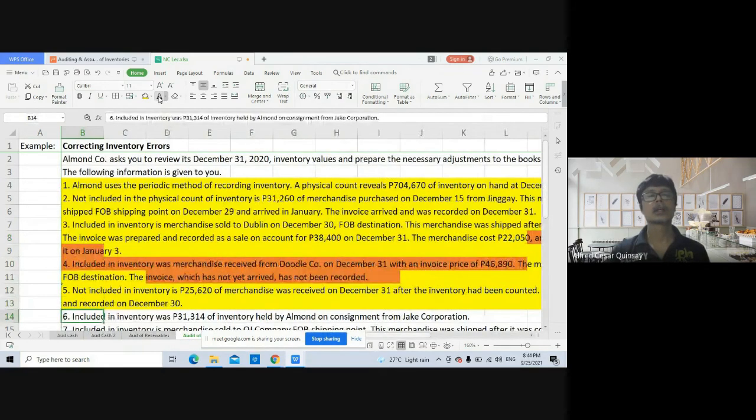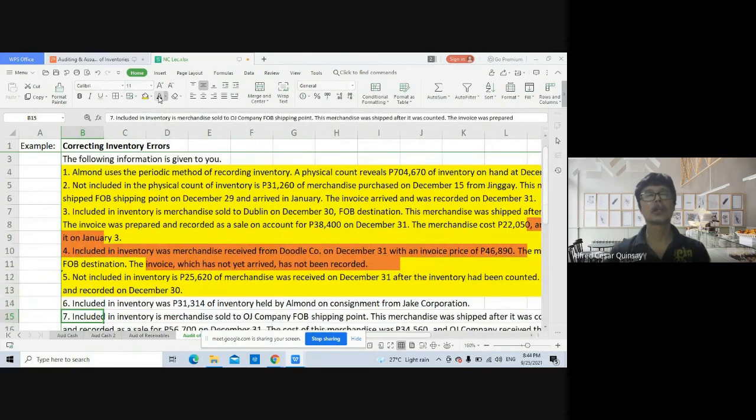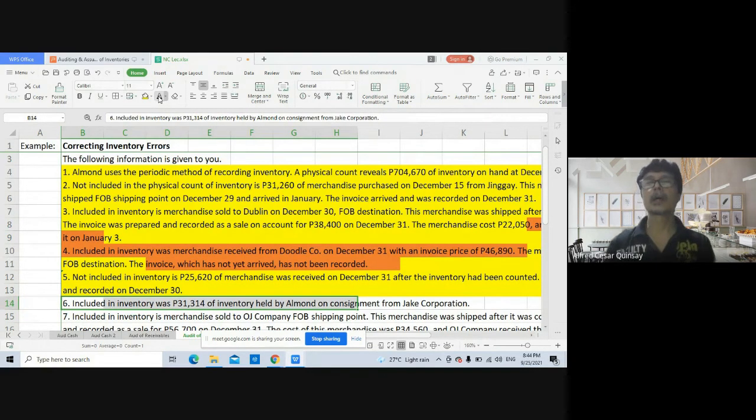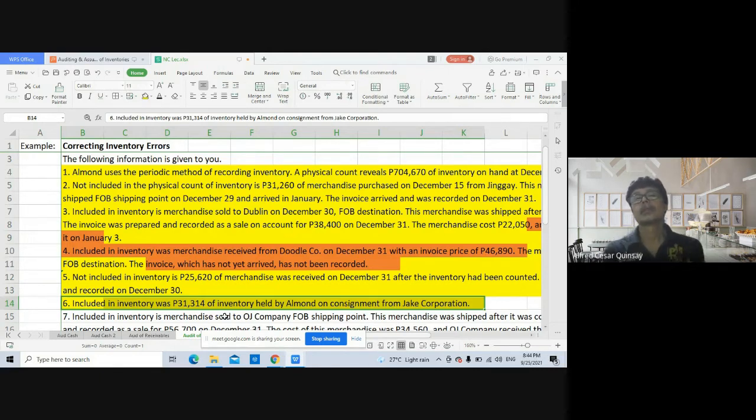Let's take up number 6. Now it says here, included in the inventory was 31,314 of inventory held by Almond on consignment from Jake Corporation. So this is the case where Almond is the consignee. Okay, and then si Jake yung may-ari nung goods.